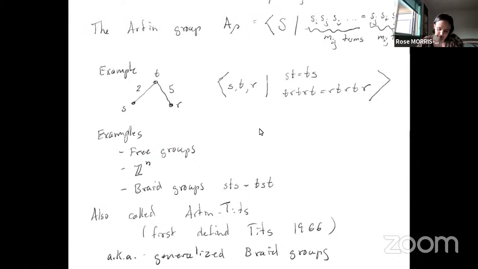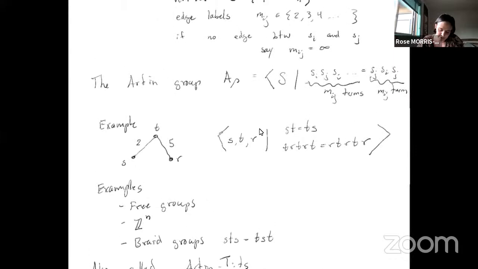I do want to say that sometimes you see other notations if you look this up in the literature. So sometimes instead of encoding all of these Mij in a graph, you'll encode them in a matrix, right? So it's a little bit like the adjacency matrix of the graph. Sometimes you'll make a graph like here, you'll notice I'm drawing all the edges where there are relations, and I'm not drawing edges where there's a free relation.